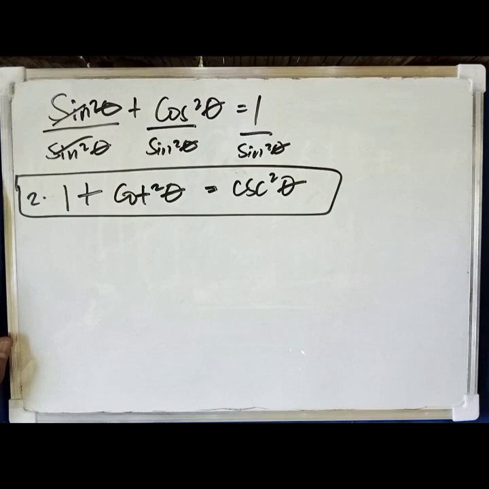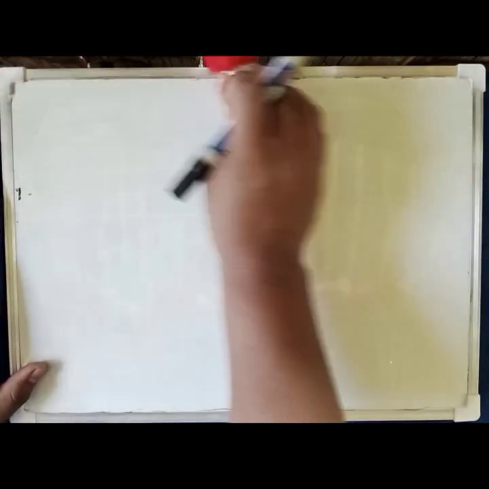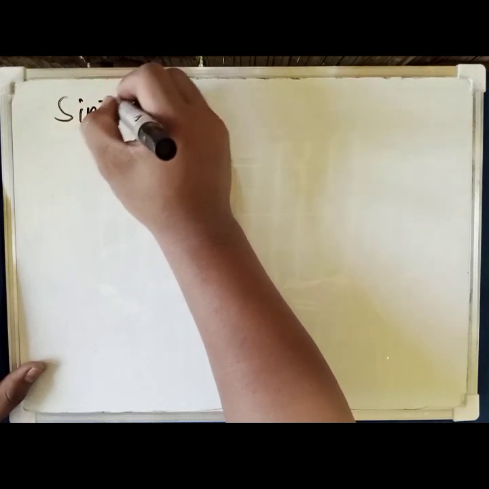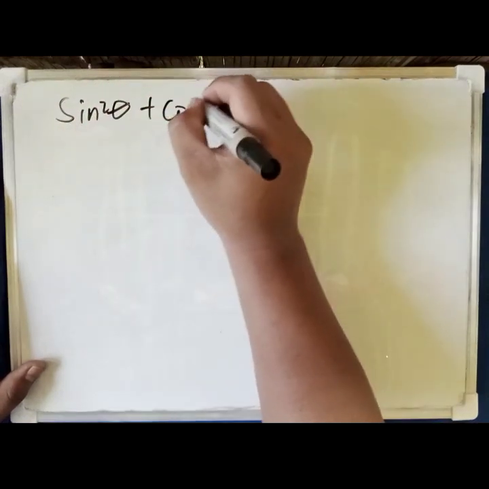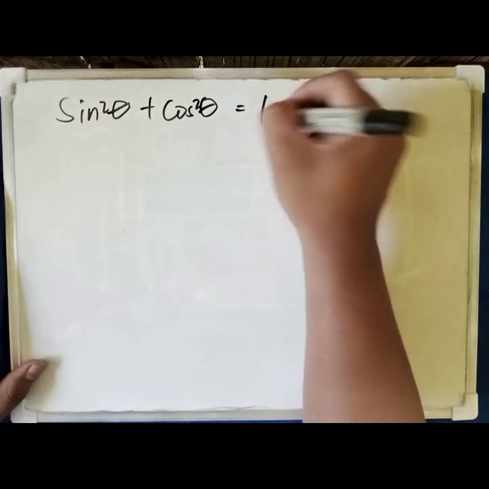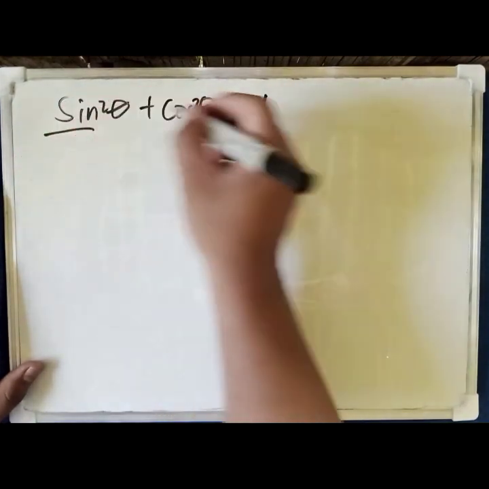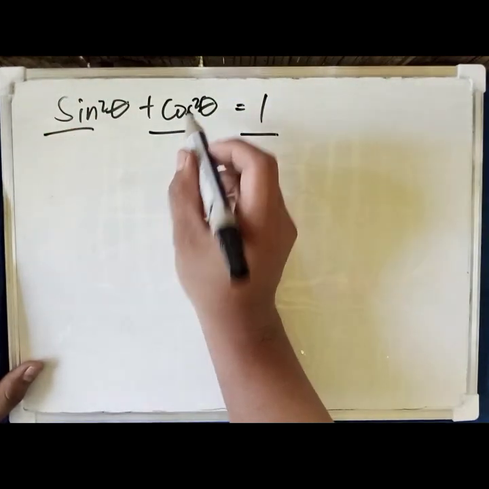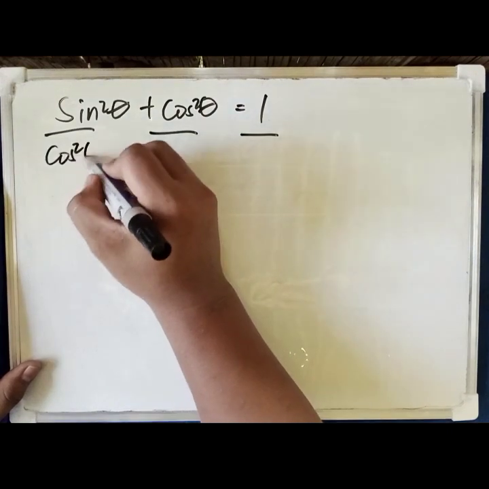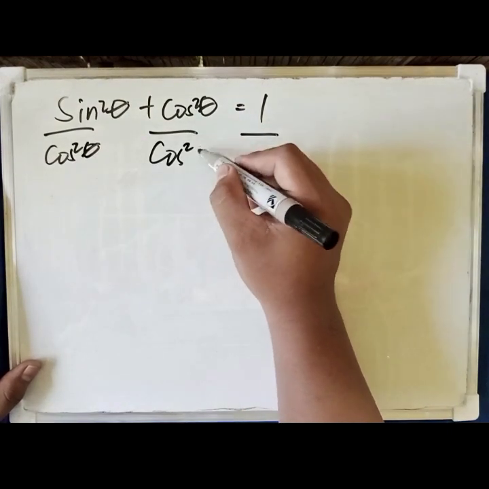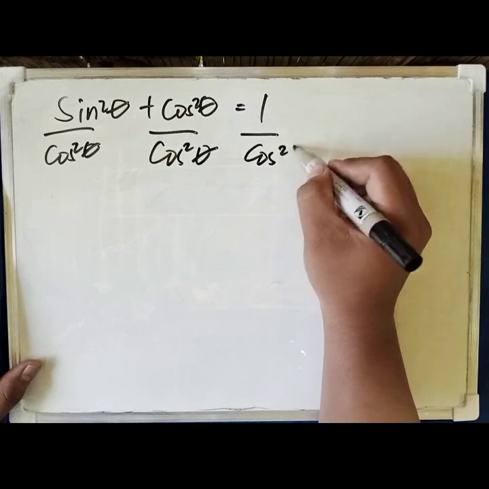So next thing to do, we have to find the last remaining identity from sine squared theta plus cosine squared theta equal to 1 again. So this time divide all the terms by cosine squared theta.